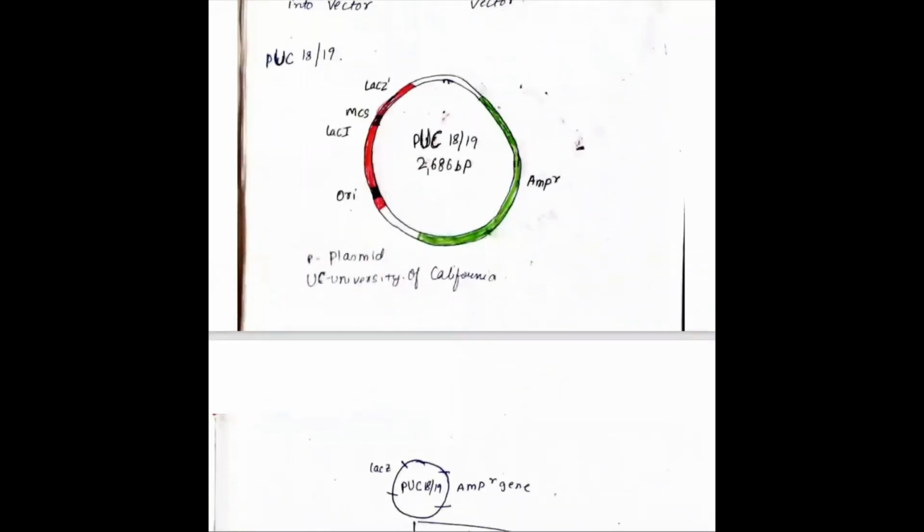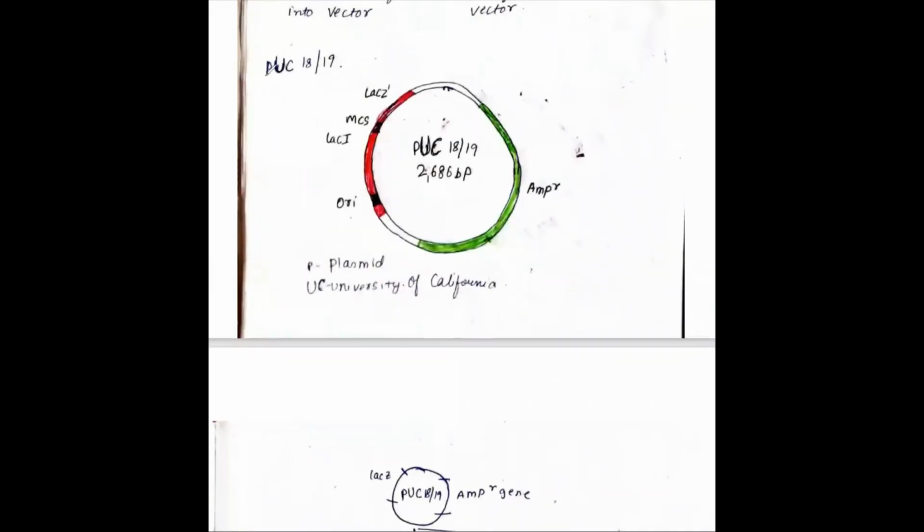This is pUC18. P means plasmid, U for University of California, and 18 is the serial number given to it. This is a derivative of pBR322 and it is smaller than it, approximately 2.7 kb.